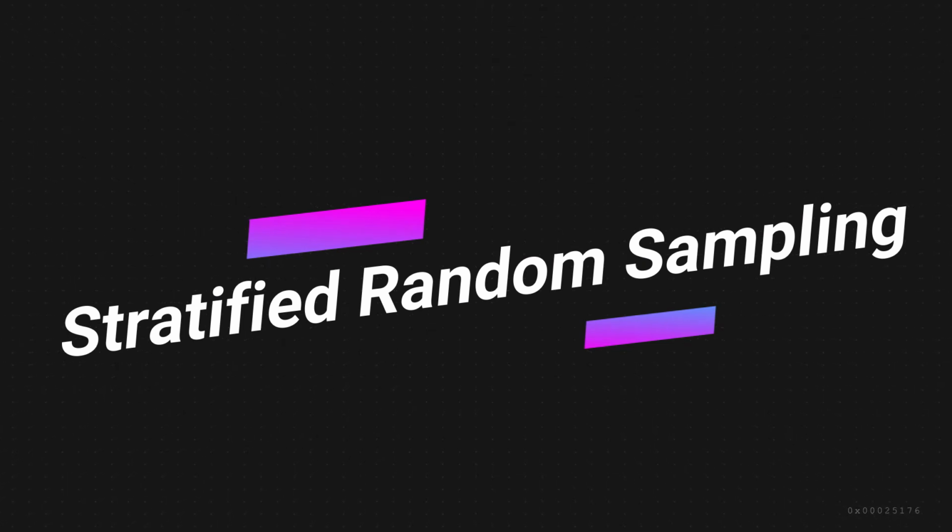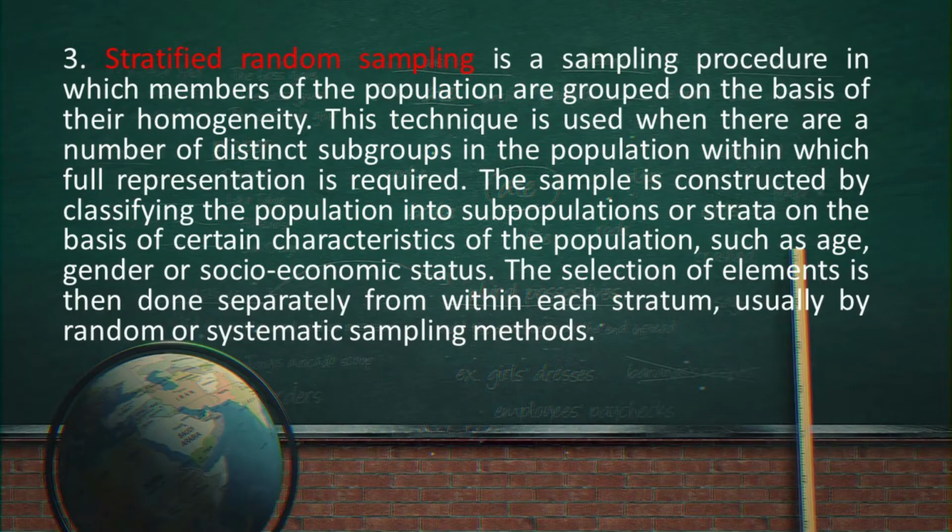Number 3. Stratified random sampling. Stratified random sampling is a sampling procedure in which members of the population are grouped on the basis of their homogeneity. This technique is used when there are a number of distinct subgroups in the population within which full representation is required.